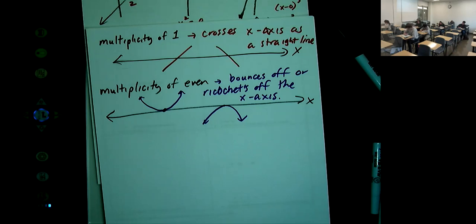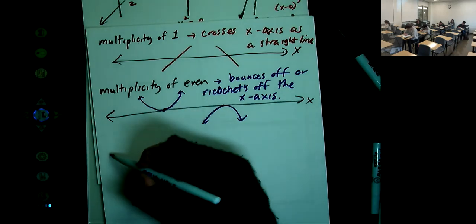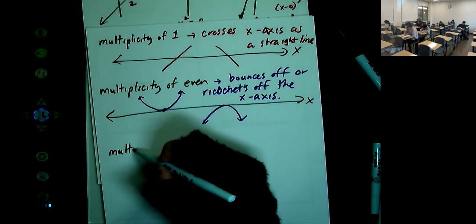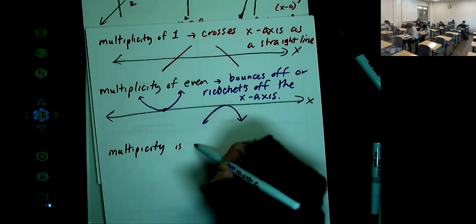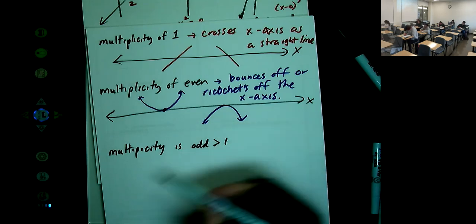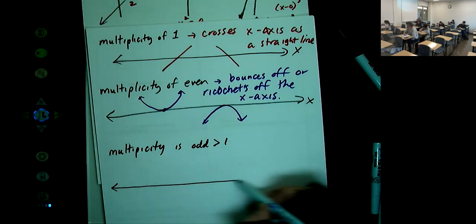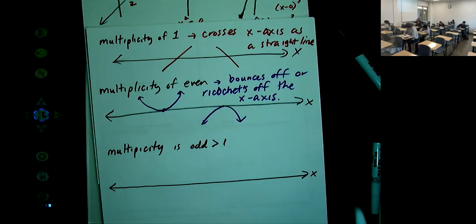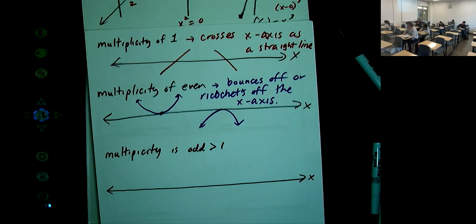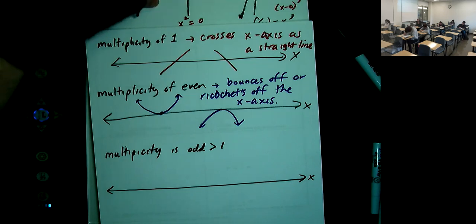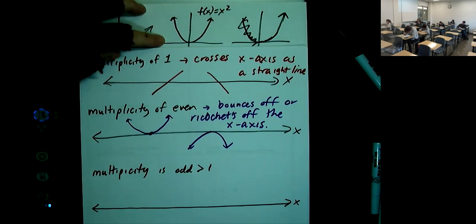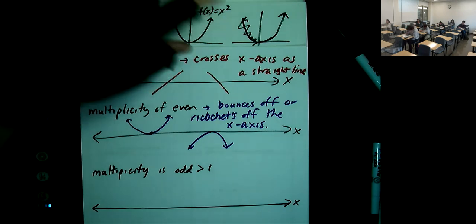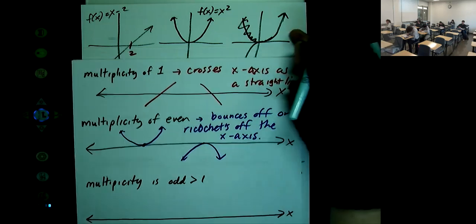And if we have multiplicity of odd greater than 1, we see the bouncing thing from the y equals x squared graph. It hits the x-axis and it bounces off. What is the cubic doing?